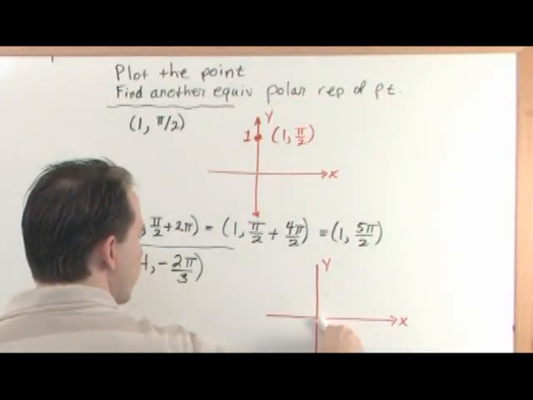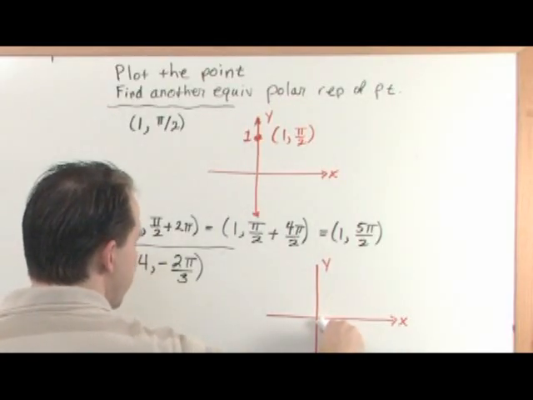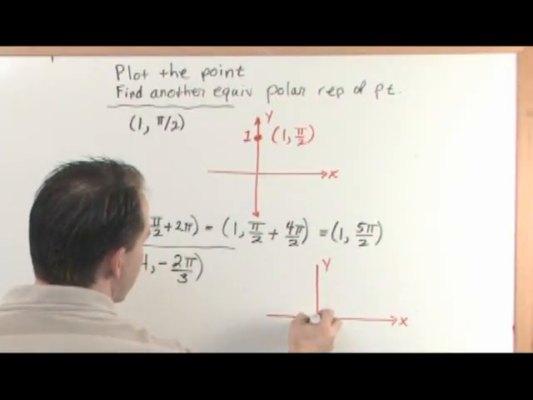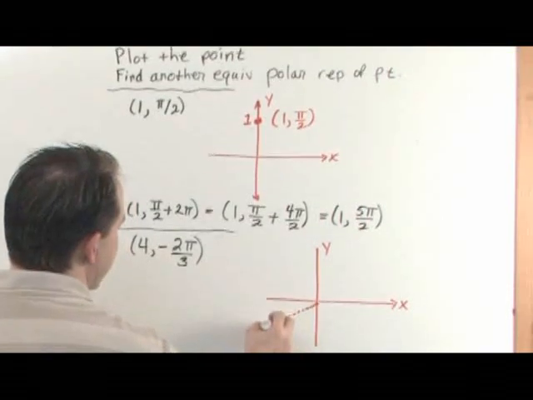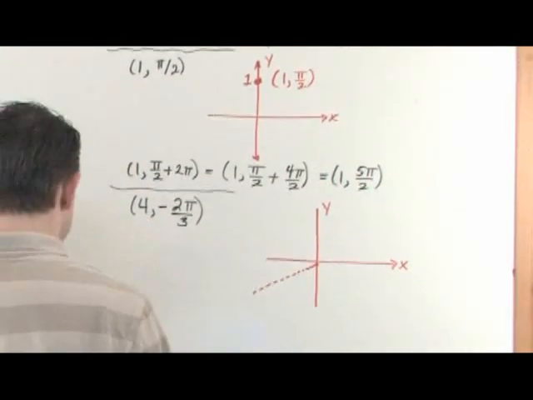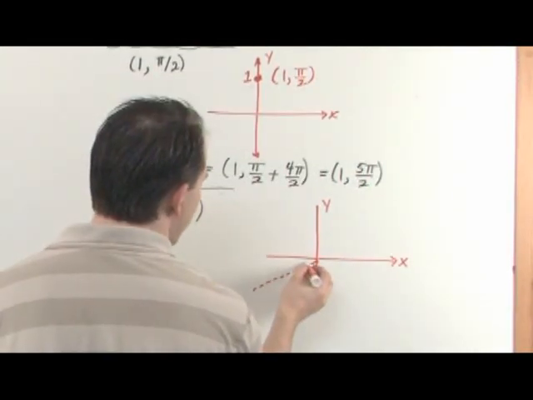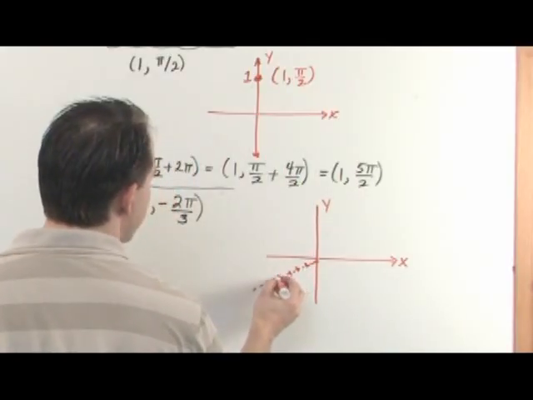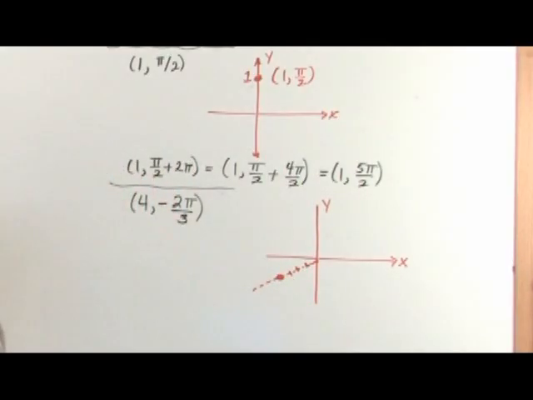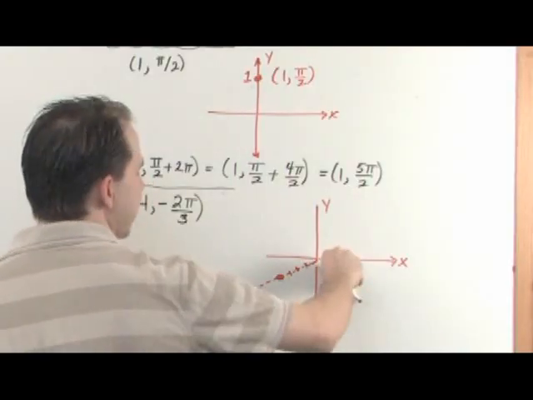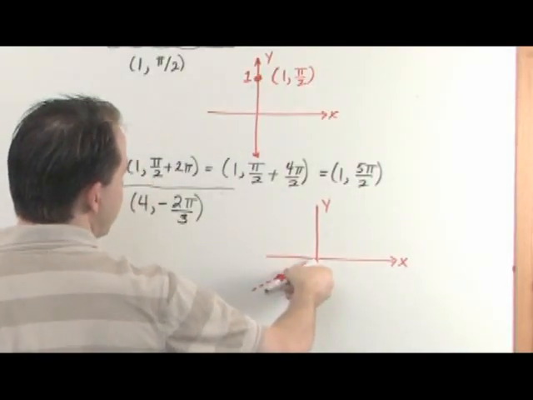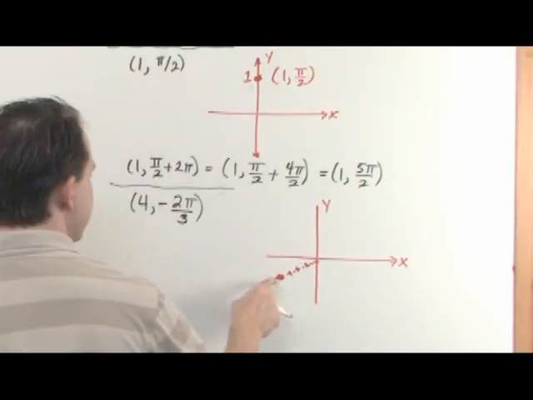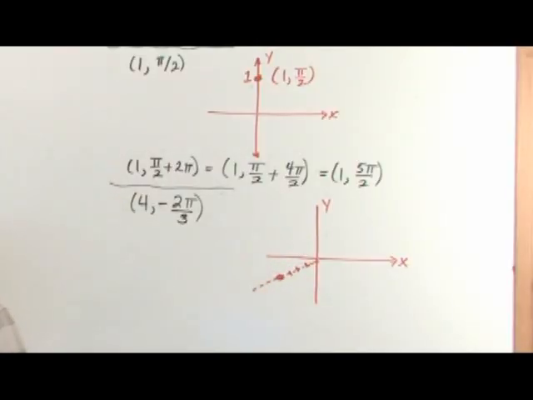So this is roughly 60 degrees, that's negative pi over 3. And then this one over here will be negative 2 pi over 3. So it's going to be along this direction here, and the distance is 4, so you go 1, 2, 3, 4 units out along this vector here. So this is the point right there. The angle is negative 2 pi over 3, and it's 4 units out. The point there is 4 comma negative 2 pi over 3.